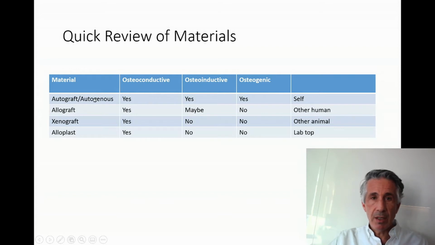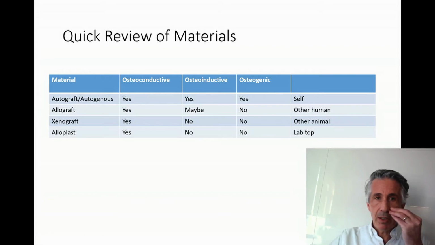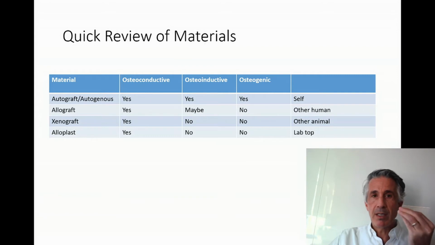So we take live cells from the hip, for example, and transplant it to an area where live bone is being placed, making live bone. The other materials are not osteogenic. Some allografts, and these are allografts that contain bone morphogenetic protein, have some osteoinductivity, but the remainder are basically osteoconductive. They're a scaffold. They tell bone, come and grow over here.